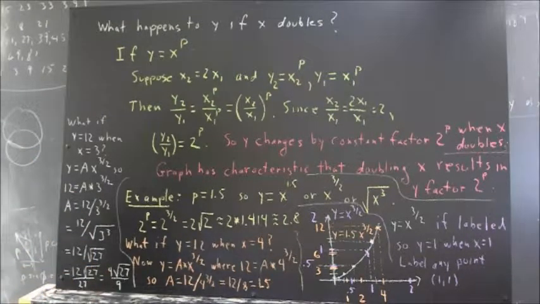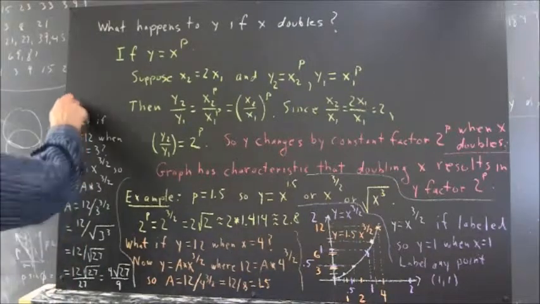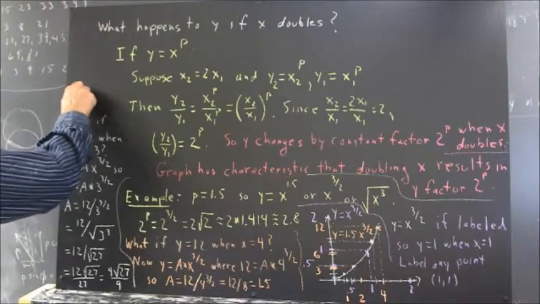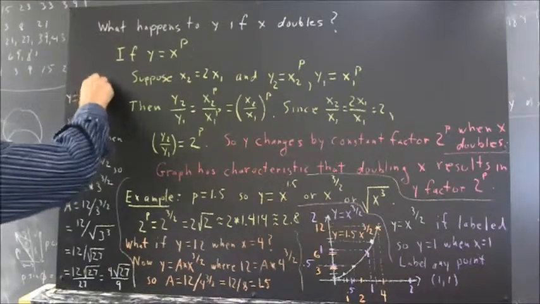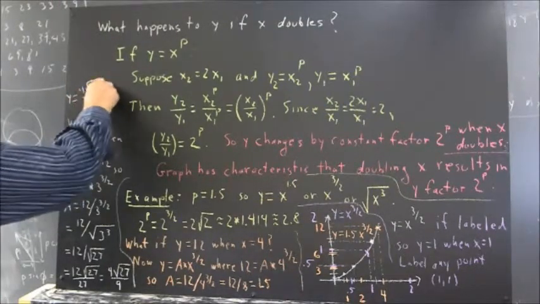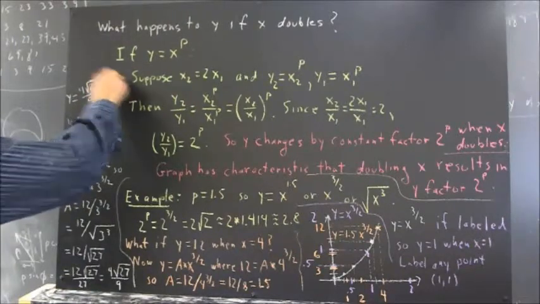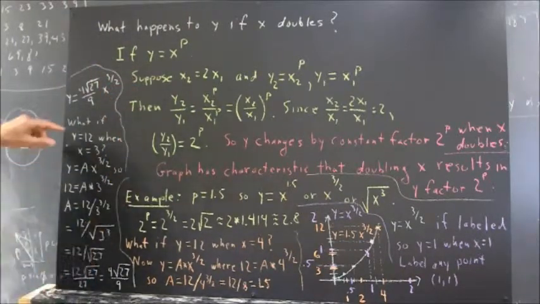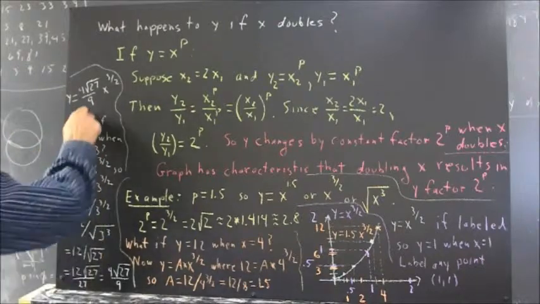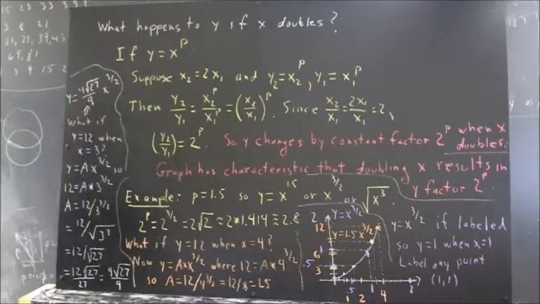One way or another, then, our model would be y equals 4 square root of 27 over 9 times x to the 3/2. And that would go along with these numbers. So that would give us this model.